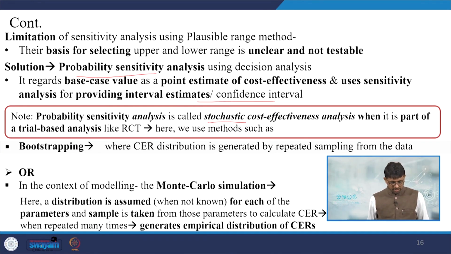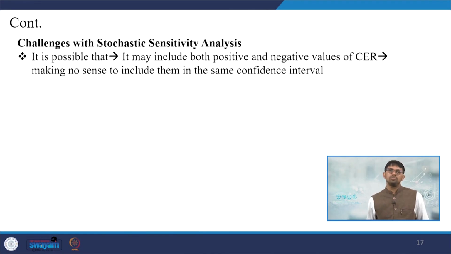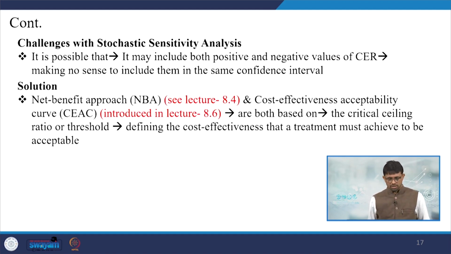So, that means a distribution is assumed for each of the parameters and a sample is taken for those parameters to calculate the CER, repeated many times. This generates an empirical distribution of CERs. There are challenges with stochastic sensitivity analysis, like it is possible that it may include both positive and negative values of CER, making no sense to include them in the same confidence interval.